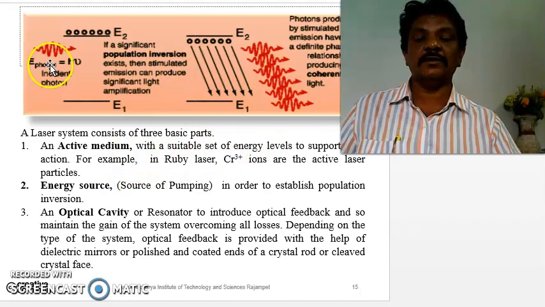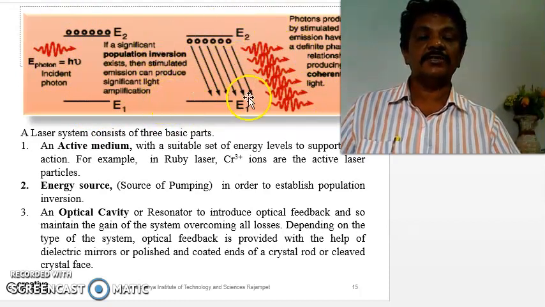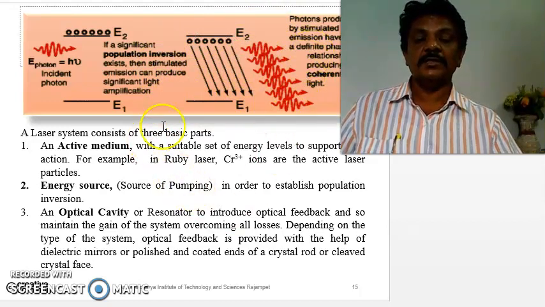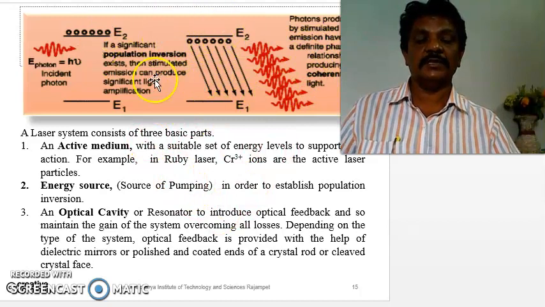So four steps are required. The first one is the absorption process, the population inversion. The next one is stimulated emission. The next one is the amplification process. These four processes will result in laser light.